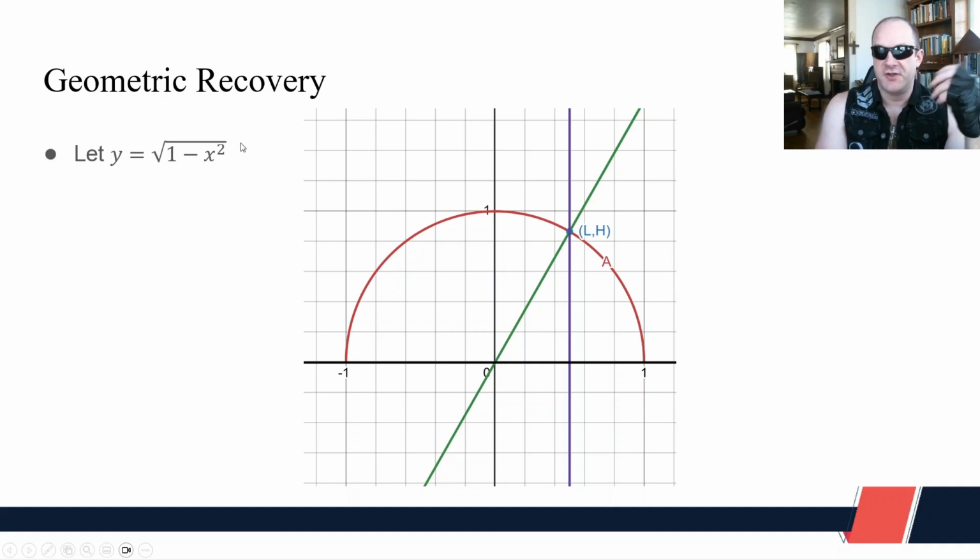We recall that if you want the equation of the unit circle, at least the top half of that is given by y equals the positive square root of 1 minus x squared.